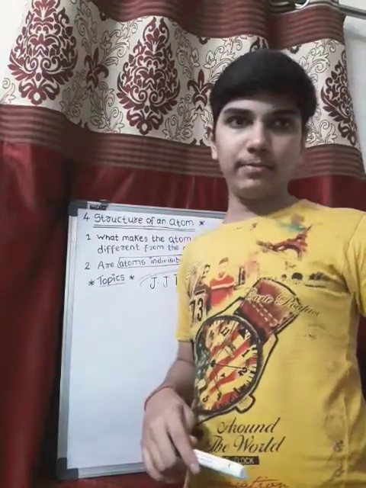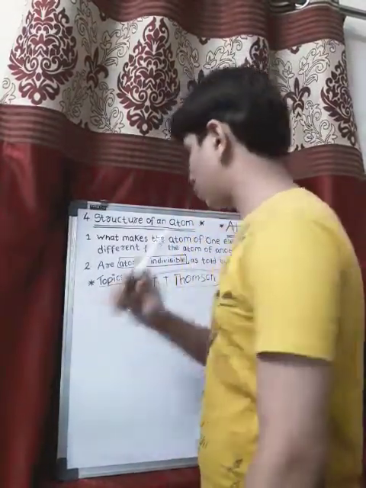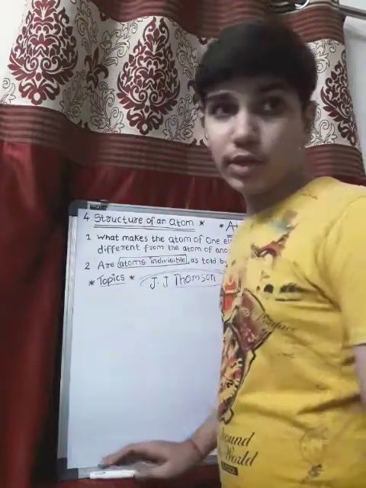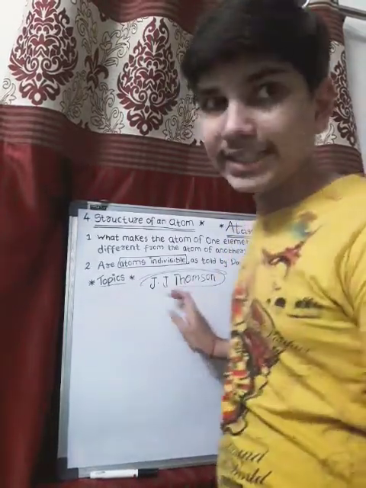Thomson, right? So I told you today I will be teaching you till J.J. Thomson's model. Tomorrow I will be teaching you the best topic, Rutherford's model of an atom, who gives us the exact structure of the atom.